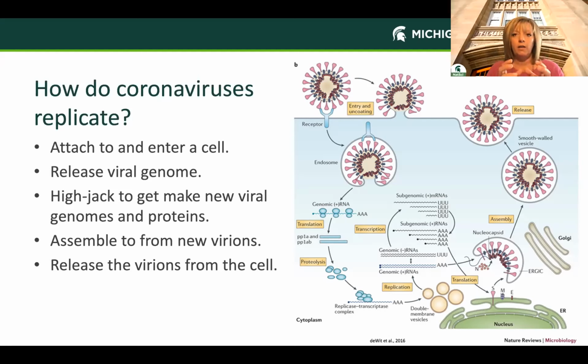Within that endosome, thinking back to your chemistry courses, we have a pH change. So the pH change is going to cause some changes in the shapes of the proteins, and ultimately we will release the viral genome.